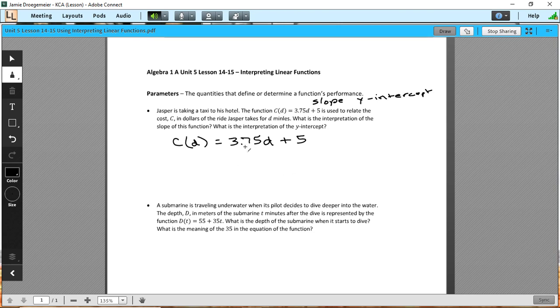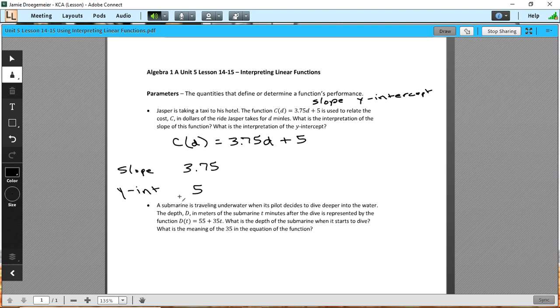Our slope, or rate of change, is what's being multiplied by that independent variable. So 3.75 times d, so 3.75 is our slope. And then the number that's being added or subtracted here is our y-intercept. So slope, 3.75, y-intercept is 5. Well, what do those mean in terms of this particular function?